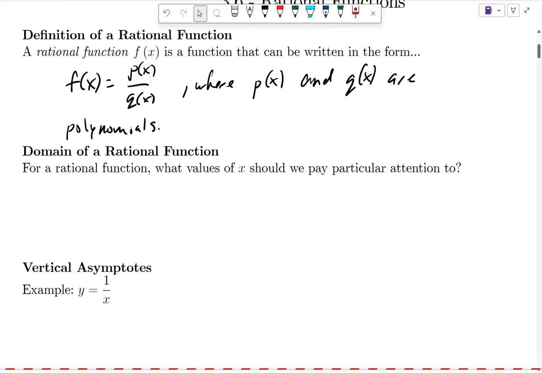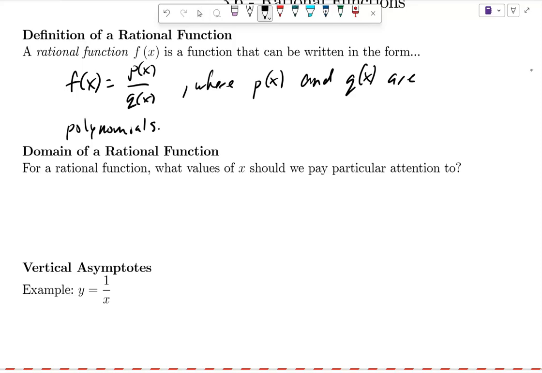All right. So if I'm looking at domain, because anytime we create a function, one of the things we might want to know is what possible numbers can we plug in? Since we've created a fraction, what do we need to worry about? What do you not want to plug into the bottom of a fraction? What can you not divide by? 0. There we go. We've done problems like this before, right?